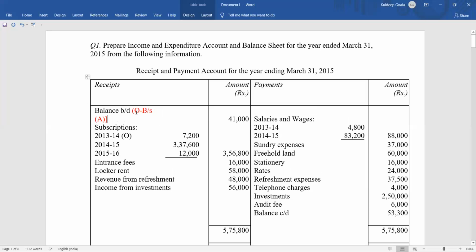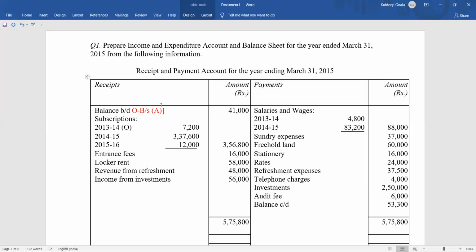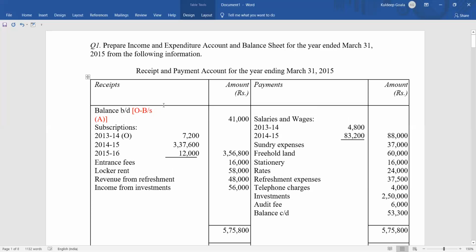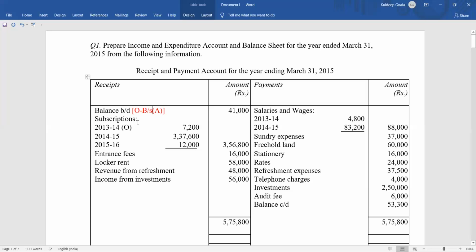Because it is the asset of the firm. And the same thing will be repeated here also, that is, subscription in the beginning of the year will come in the opening balance sheet, and that too in the asset side.